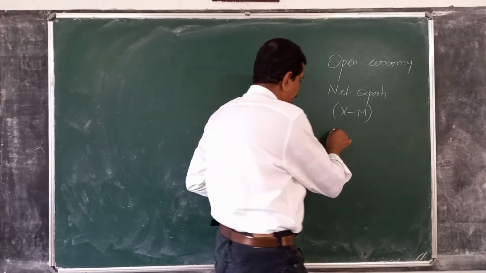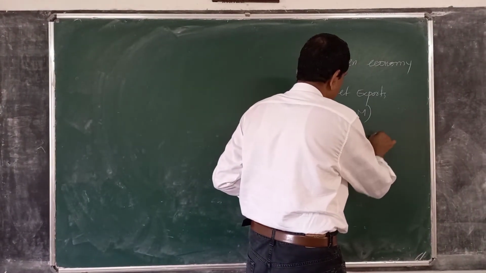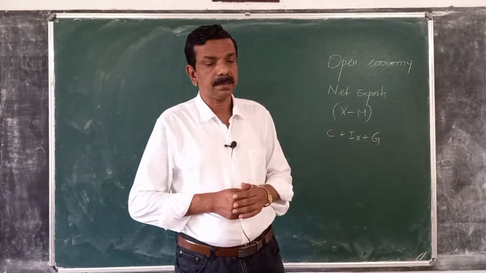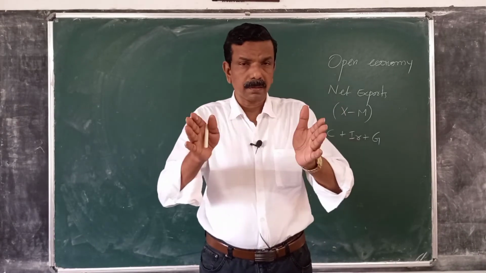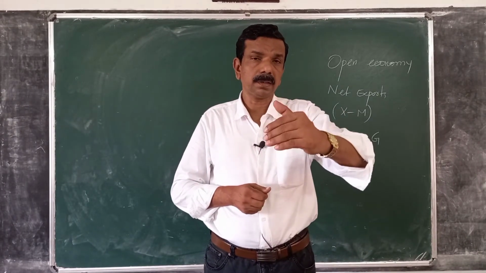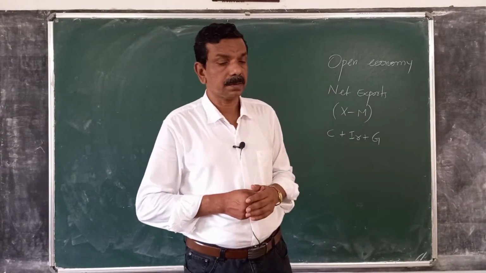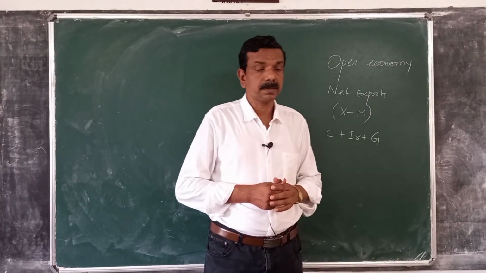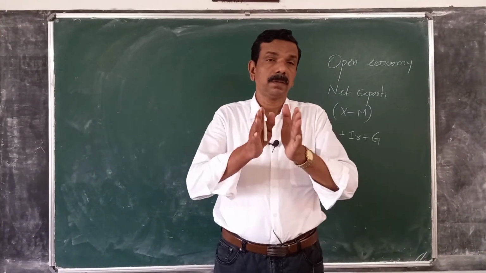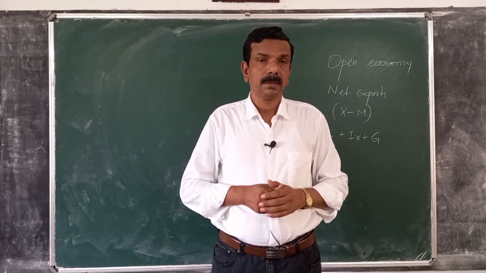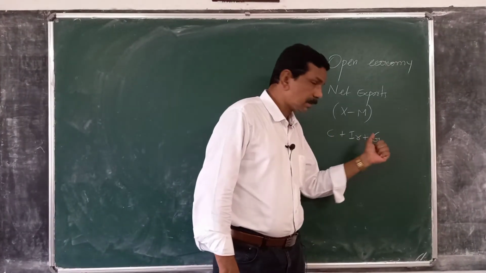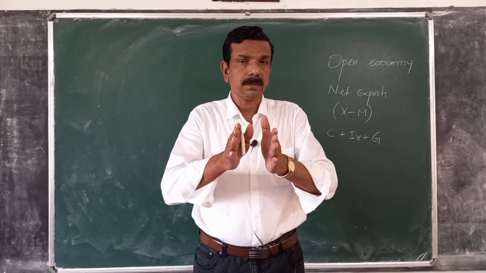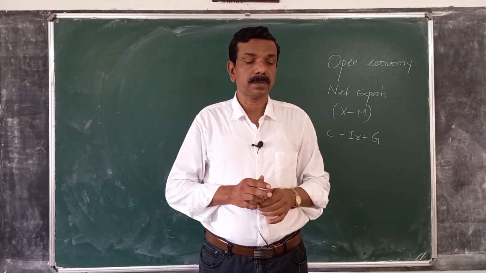So, C plus IR plus G, if you calculate national income from the product side, in an open economy measures not only domestically produced goods and services, it also includes gross imports. So, total expenditure means expenditure on domestically produced goods and services and also expenditure on gross imports.